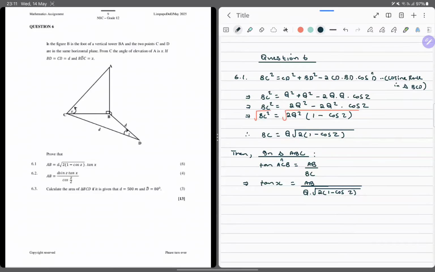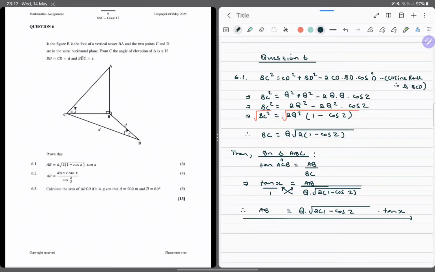Of course this is fractions now, this is over 1. We cross multiply to isolate AB. Therefore AB is equal to d times the square root of 2 into 1 minus cos of z times the tangent of x, is proven.